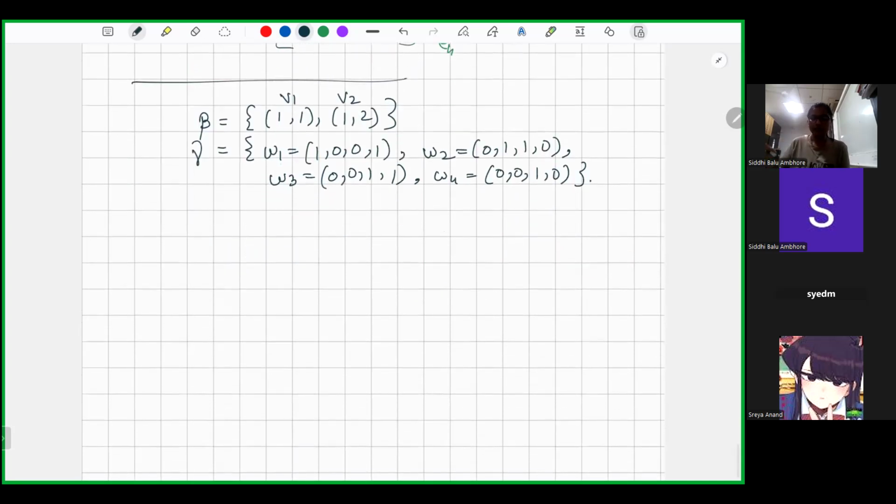And now again, I will find what f of this 1, 1 is. What is that map? Yeah, I believe.